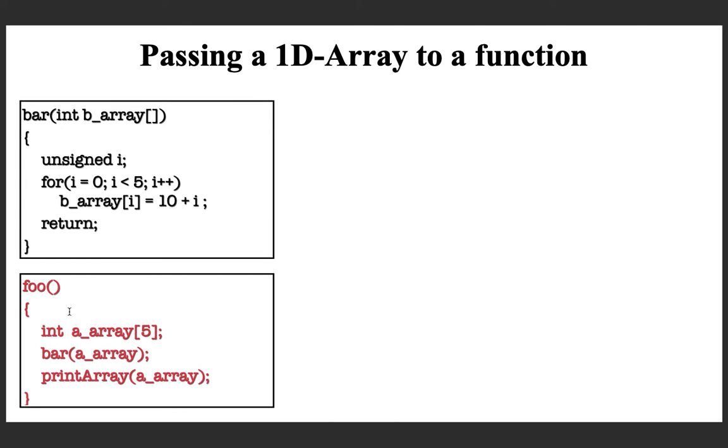This is the function which declares only one data object, which is this array, and it just declares the array. So nothing is stored, there are undefined values at every position. Then it makes a call to the function bar by passing the array as argument, and after that it just prints the array.